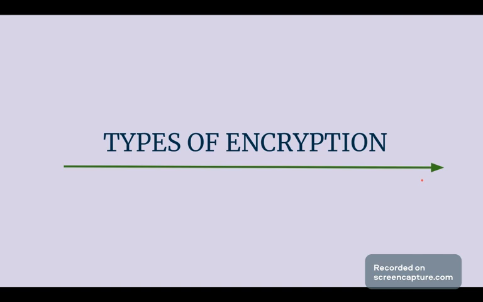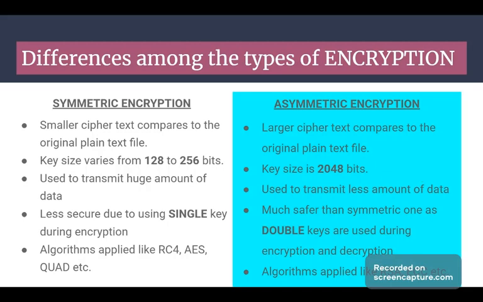Next, types of encryption. Basically, we have two types of encryption: symmetric encryption and asymmetric encryption. And here we have some differences among them. Number first, symmetric encryption gives a smaller ciphertext compared to the original plain text file, while asymmetric encryption gives a larger ciphertext.